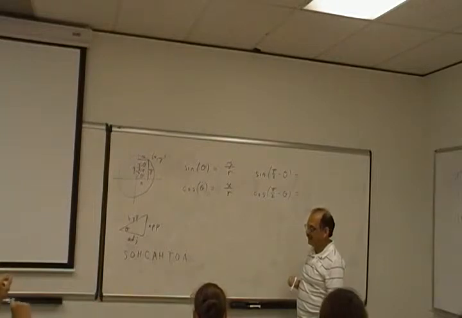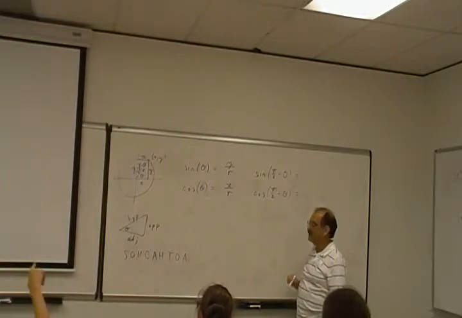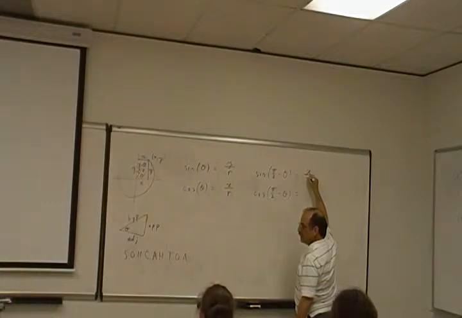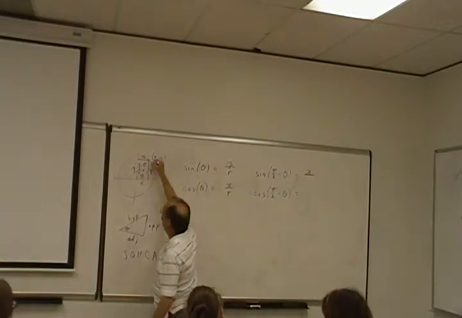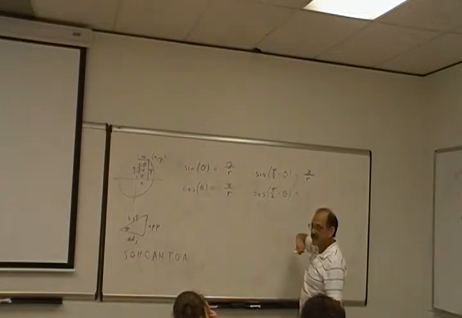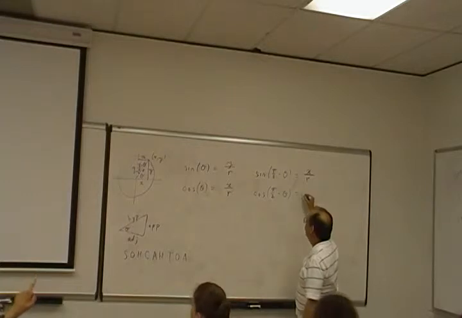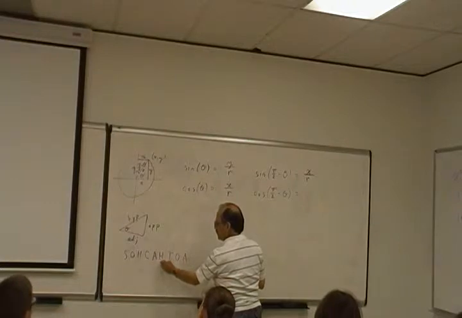Opposite, so x over the hypotenuse. What's the radius? R. And what's the cosine of pi over 2 minus theta? Cosine is adjacent over hypotenuse.